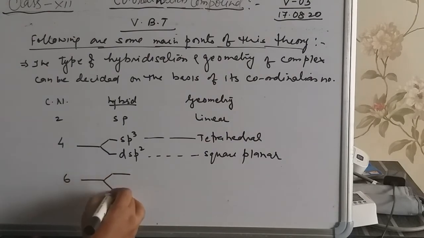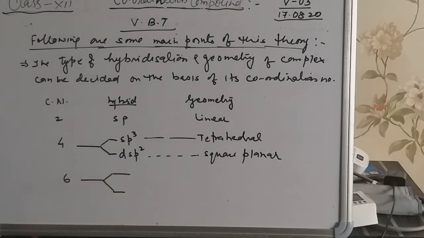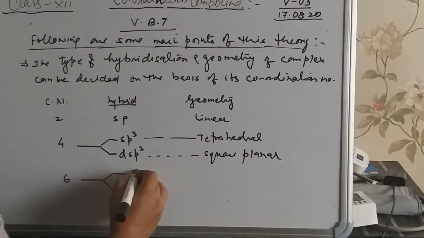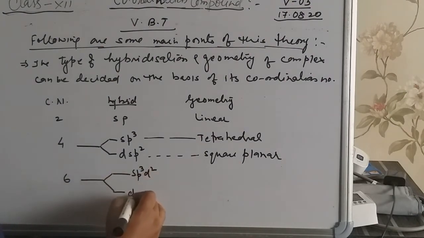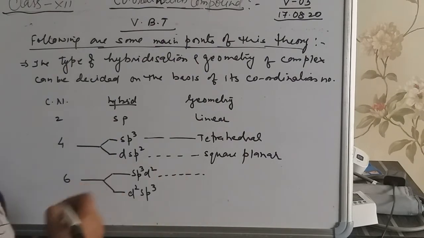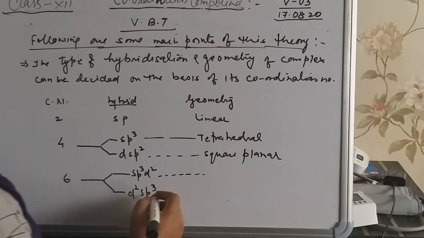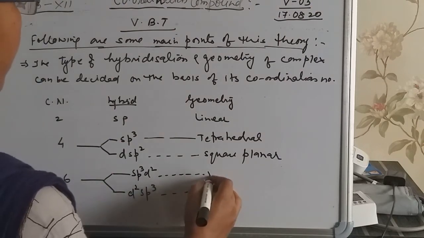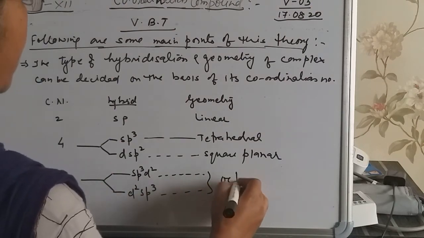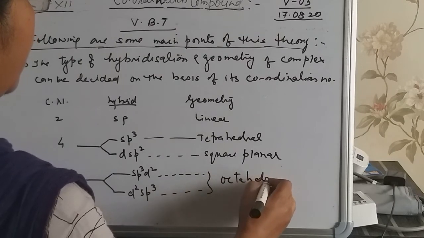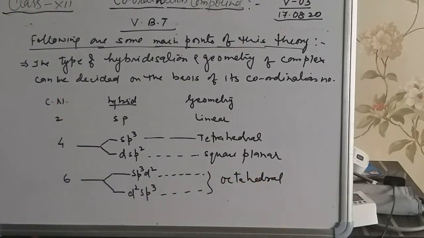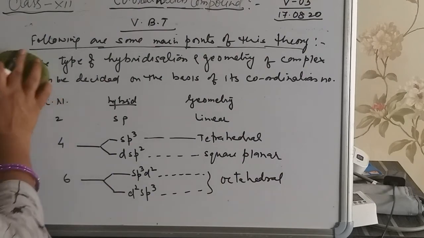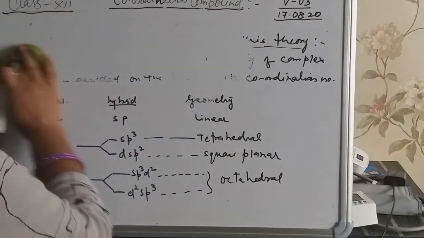Suppose the coordination number is 6. So there will be two types of hybridization, sp3d2 and d2sp3. In both cases the geometry will be octahedral. So let's discuss the ligands.